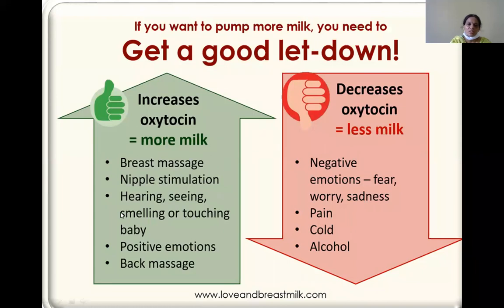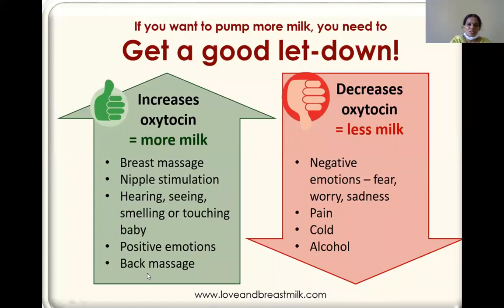These are the stimulants: breast massage, nipple stimulation, hearing, seeing, smelling, or touching the baby also can elicit this reflex. Just by hearing the cry of the baby, or seeing the baby, all these are things which can increase the oxytocin release, as well as more milk will be produced.